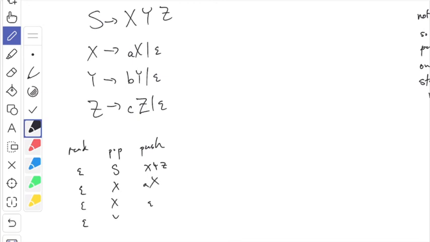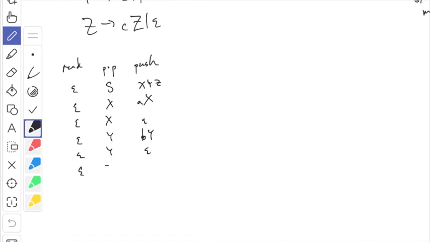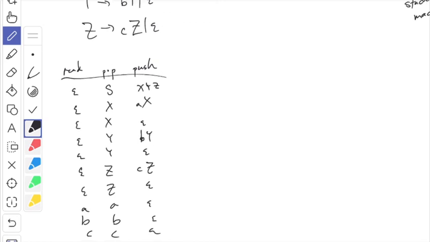Epsilon Y, bY, epsilon Y, epsilon, epsilon Z, cZ, epsilon Z, epsilon, and then aa epsilon, bb epsilon, cc epsilon. Excellent. So that's a stack machine. It's kind of long-winded, but that'll do it.